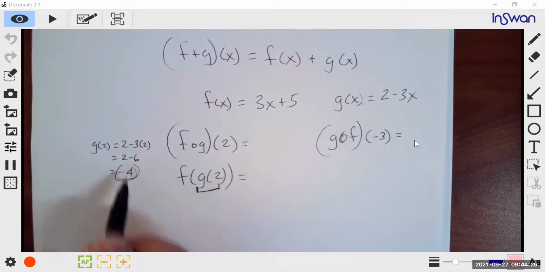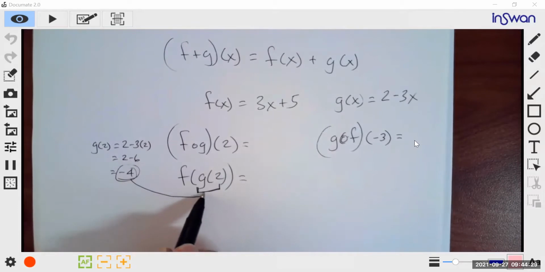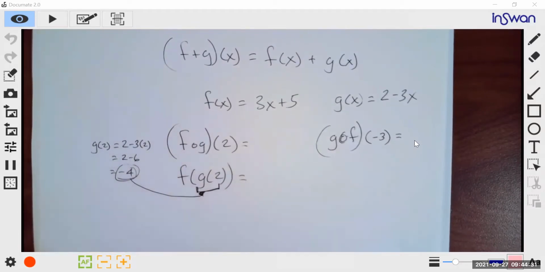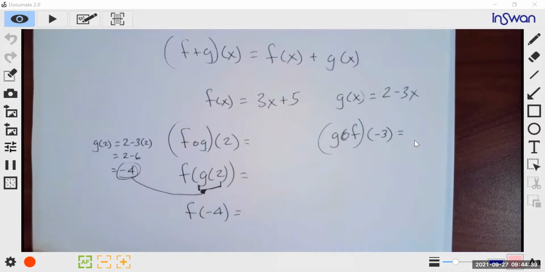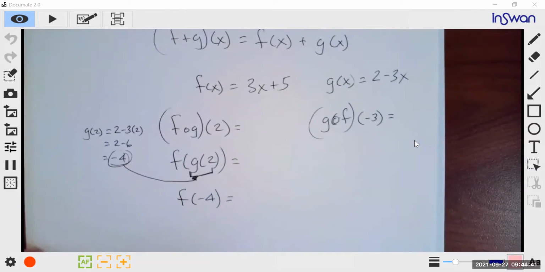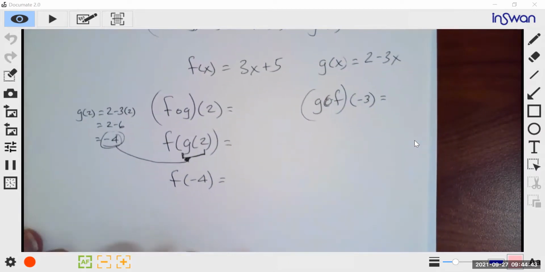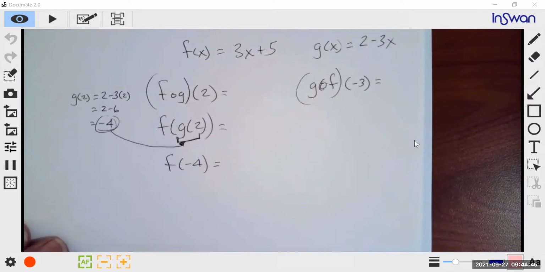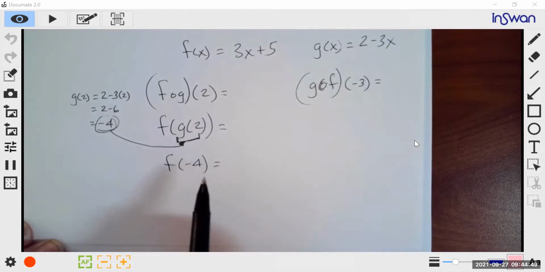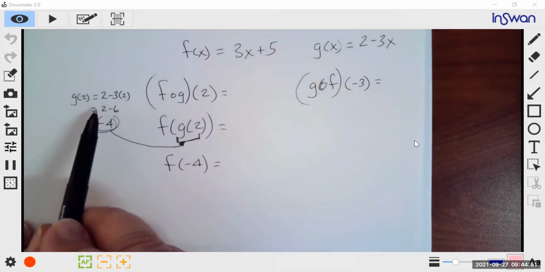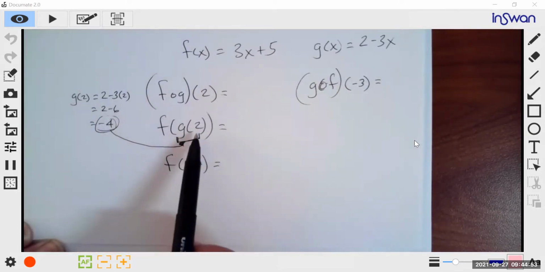So this number goes in place of that function. So we find the value of g of x first, put that inside there.